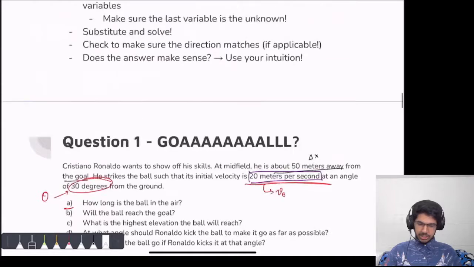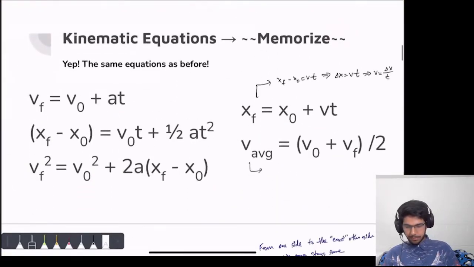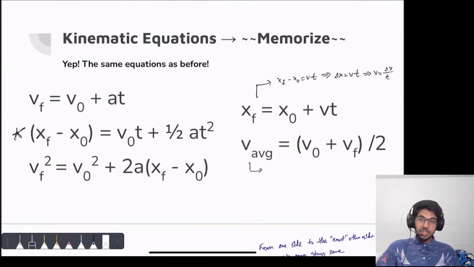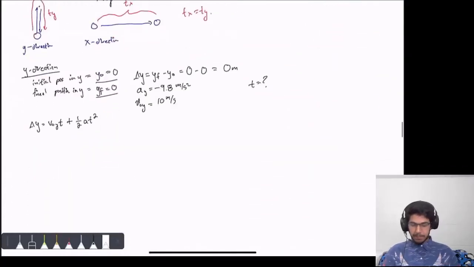So this equation is this one, except we just replace the x's with y's, because we're just dealing with a different direction. It's still one-dimensional, because we're dealing with y only, but since we're dealing with y, I don't want to have x's in my equation. So I just put y's instead, and you can do that. So this is the equation we'll work with.